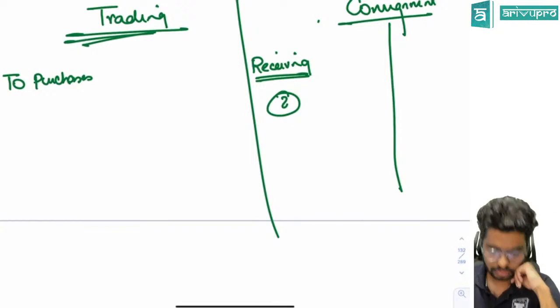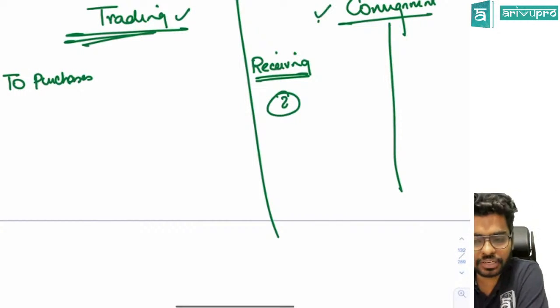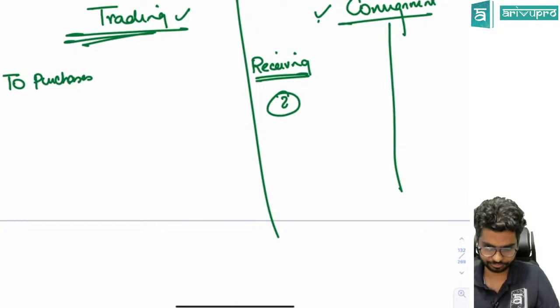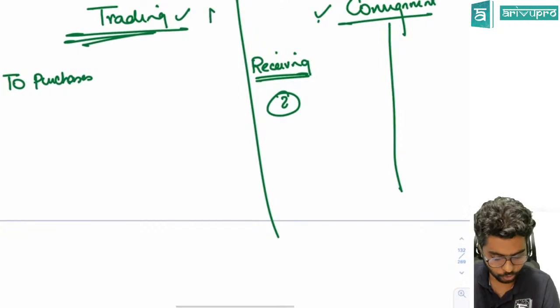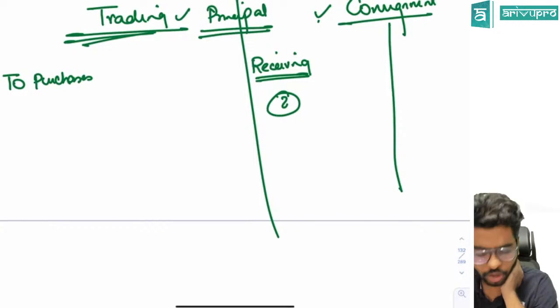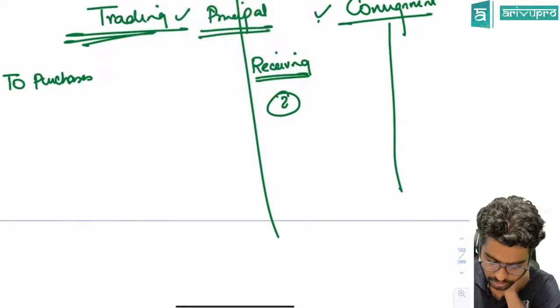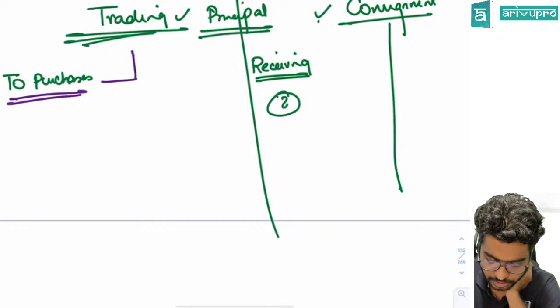Guys, see here. This trading account and consignment account are done by me itself. That is, let's say I'm the consignor. I'm doing both the accounts in the books of the principal only. So I want you to understand what is happening here. I have purchased goods for the purpose of trade.